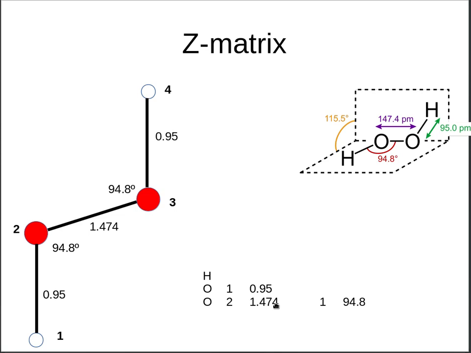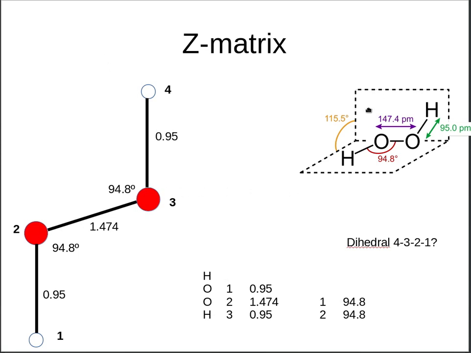But of course the angle 3 to 2 to 1 must be 94.8. Okay, and then on the final row, this is not quite there. The final row, we've got atom 4 is bonded to atom 3 with a distance of 0.95. The angle to 2 is 94.8, which we've got in there.